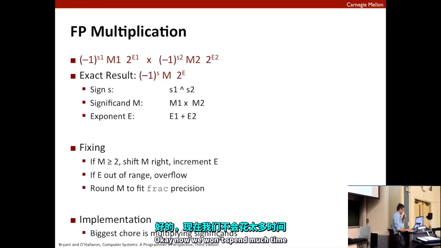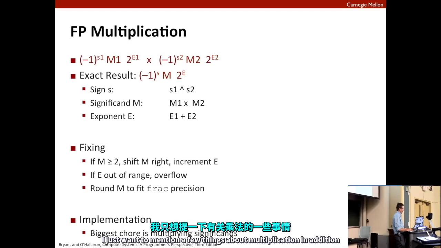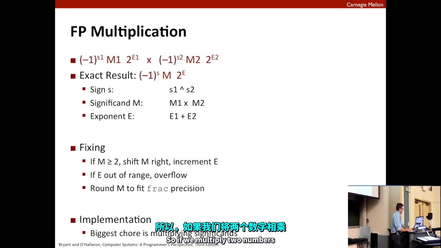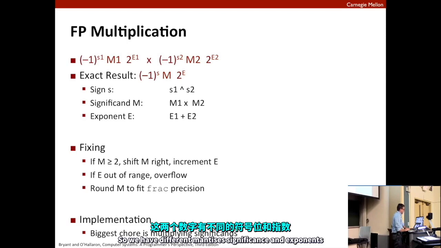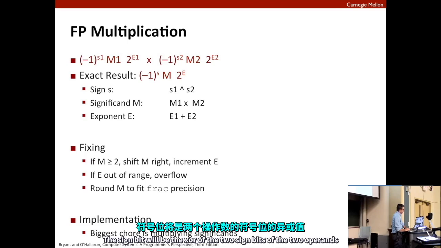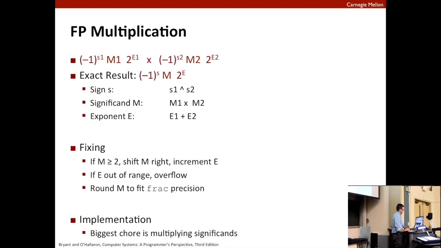Now we won't spend much time, but I just want to mention a few things about multiplication and addition. If we multiply two numbers with different significands and exponents, and suppose the result is m times 2 to the e, the sign bit will be the XOR of the two sign bits of the operands.